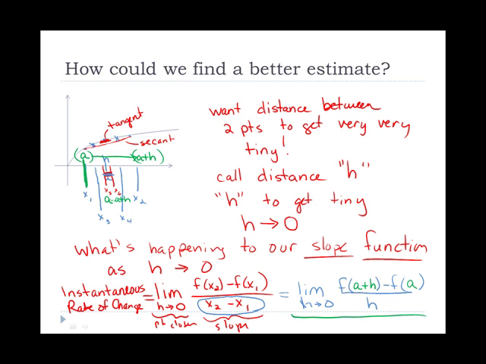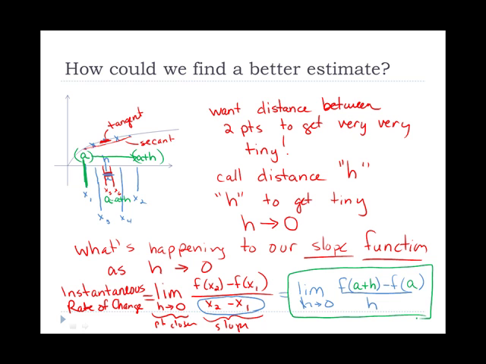This formula in the green box is the beginning of the idea of the derivative, and it represents the instantaneous rate of change at a point, which is another way of saying the slope at that point, or the rate of change at that point, or the derivative of that function at that point.